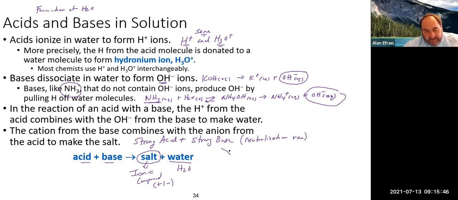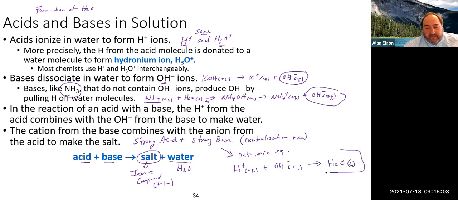So when you do this combination, the net ionic equation will be the H+ from the acid hooking up with the OH- from the base, and you will make water. Again, the formation of water is one of the driving forces for why chemical reactions take place. It's also why a strong acid and strong base together is called an acid-base neutralization reaction, because you just made water. Any questions on that there?